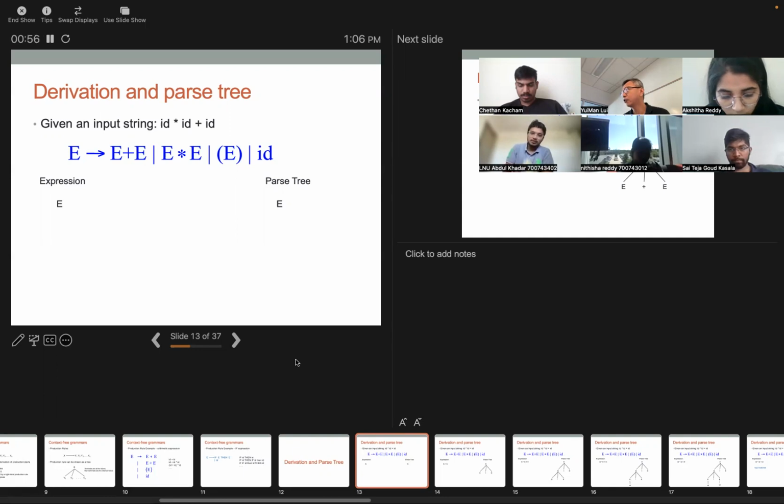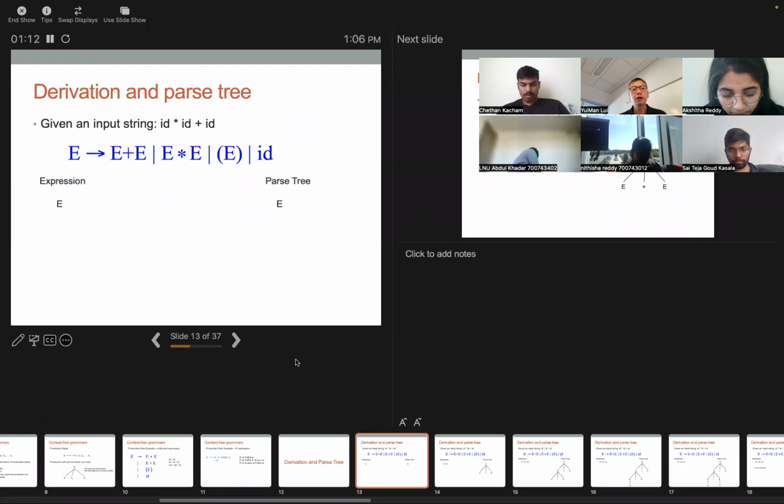So we are trying to use this grammar to match this input. If we can match it, then that means this input is correct, satisfied, it belongs to our language.